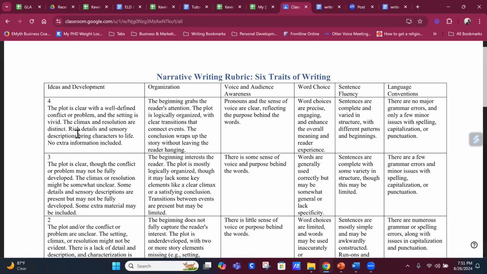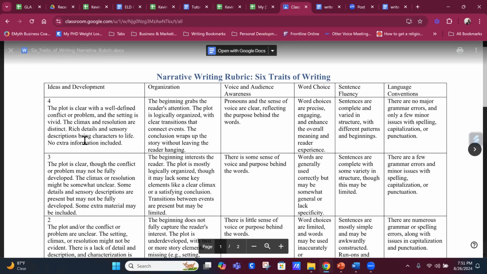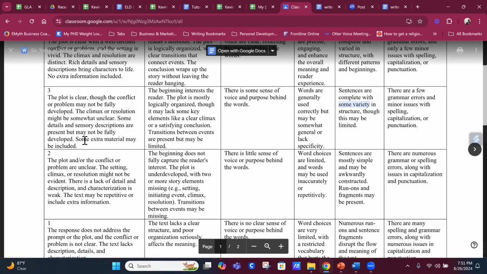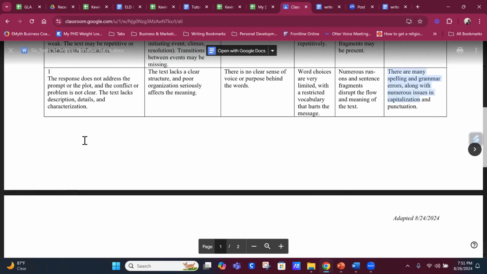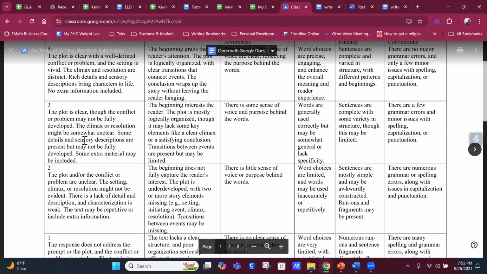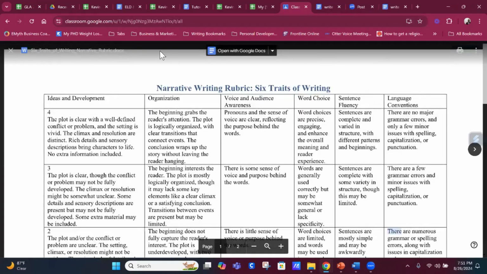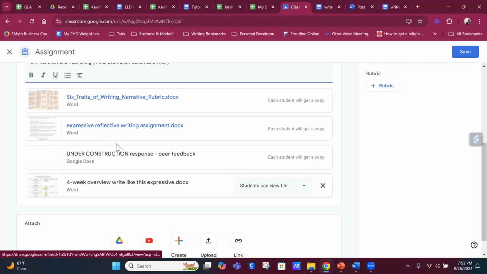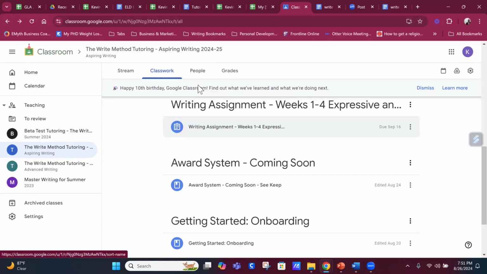And then we have 4 different levels here. We will go through this so that students are familiar with how they're going to be graded on that writing assignment. And it's very holistic as well. Okay, so that is pretty much our session.